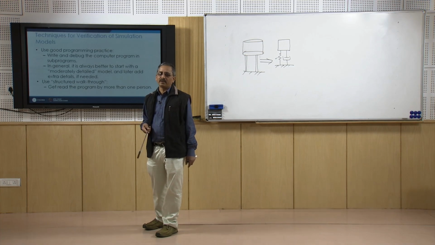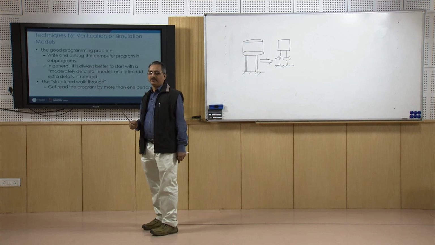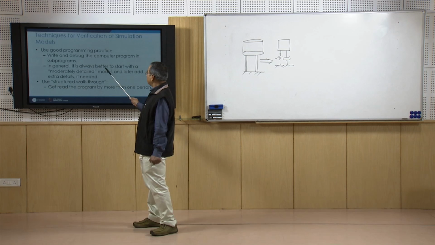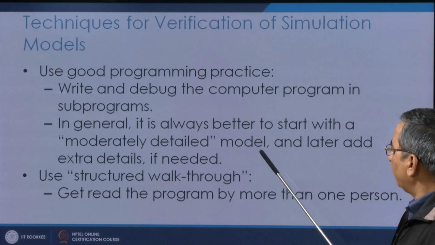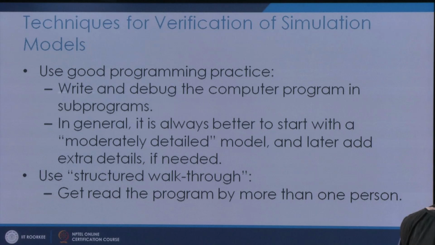You create some small functions, or subprograms, and then you use those small functions. In general, it is always better to start with a moderately detailed program and later add extra details if required.